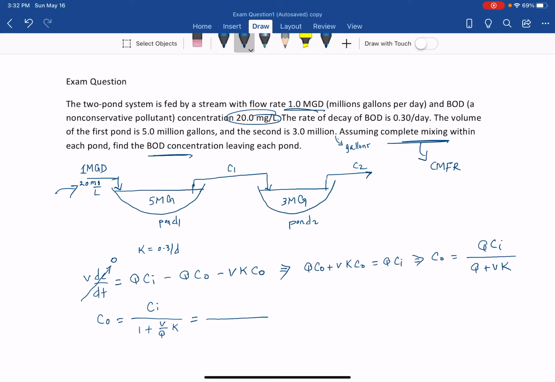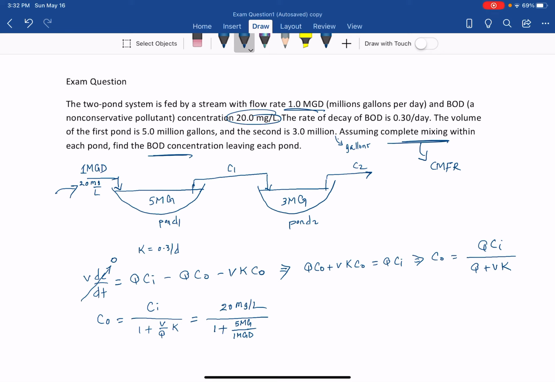So C in is 20 milligrams per liter, over 1 plus the volume of the first tank, which is 5. I'm going to leave 5 million gallons because I'm going to cancel it out with million gallons per day. This is divided by Q entering, 1 million gallons per day, so million gallon cancels with million gallon.